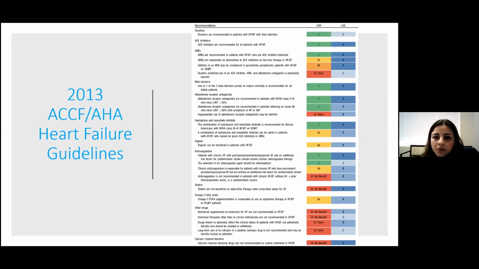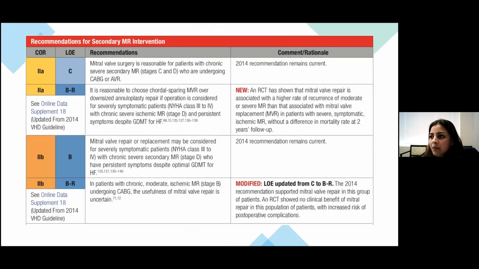Now that we have talked about it, I'm going to come back to this chronic secondary MR issue and some of the guidelines that have been updated. Mitral valve surgery is reasonable for patients with chronic severe secondary MR, valve stage C and D, who are undergoing CABG or AVR.